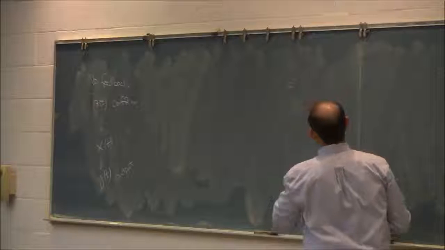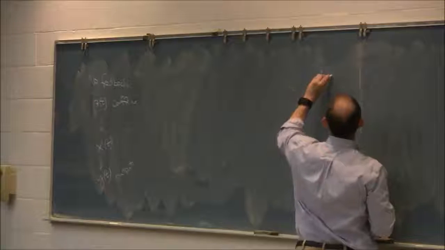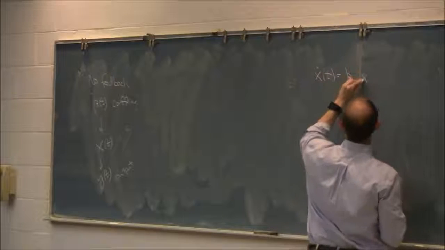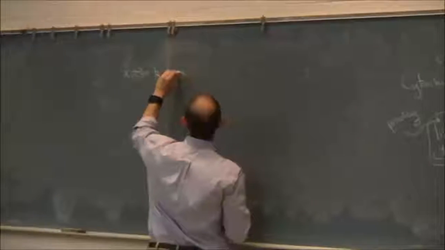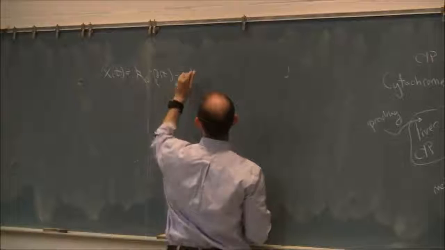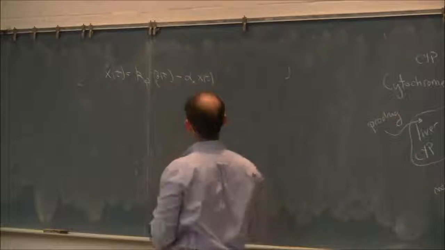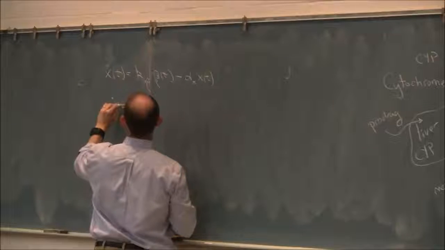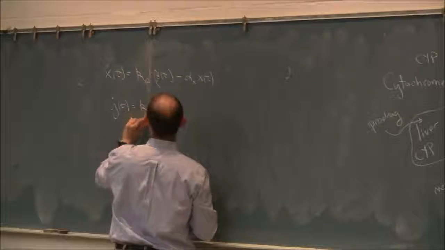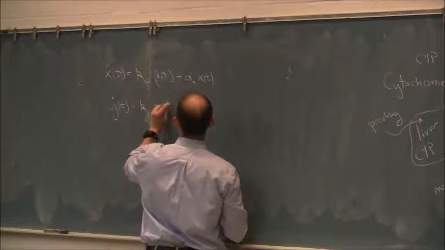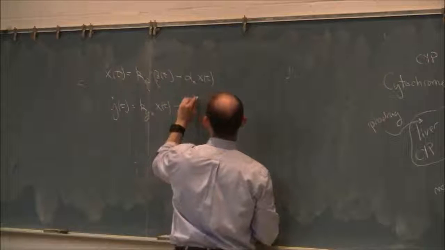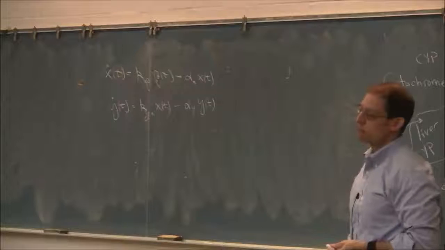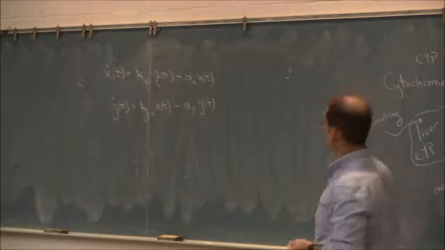In the time domain, our model is x dot of t equals k x beta beta of t minus alpha x x of t, and y dot of t equals k yx x of t minus alpha y y of t. So the standard model that we've been using.